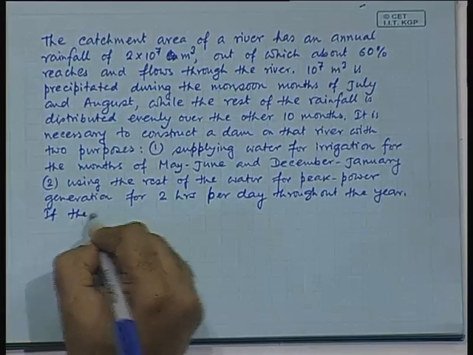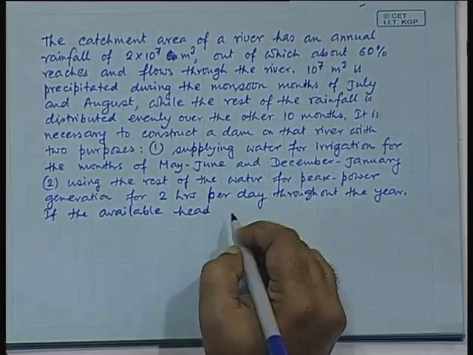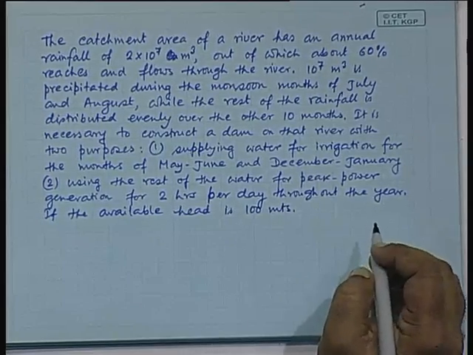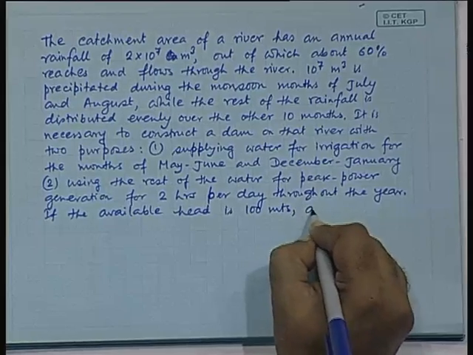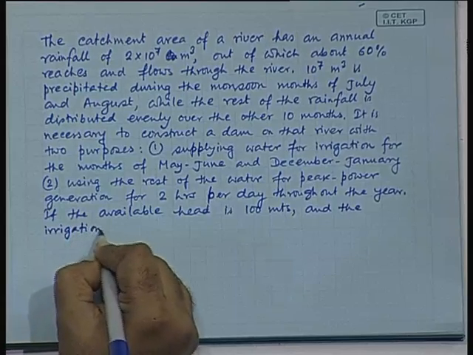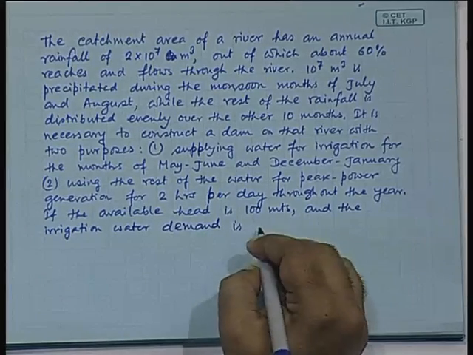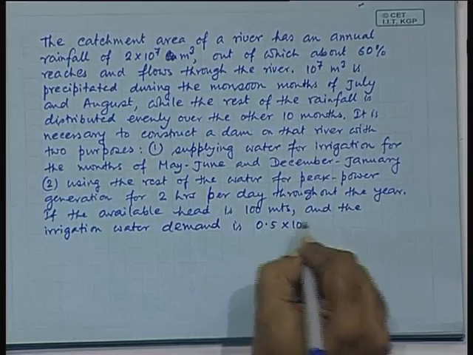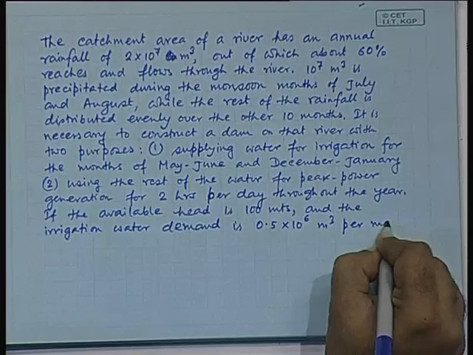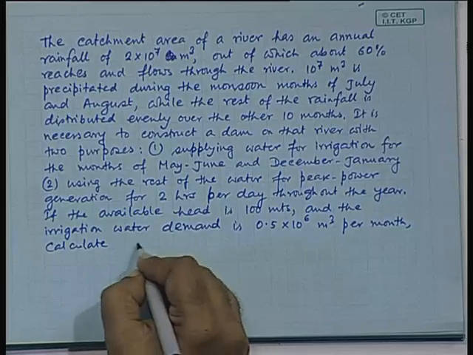If the available head is 100 meters, and the irrigation water demand is 0.5 into 10 to the power 6 meter cube per month, calculate: 1.